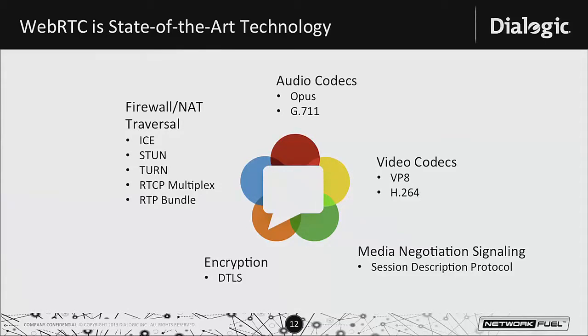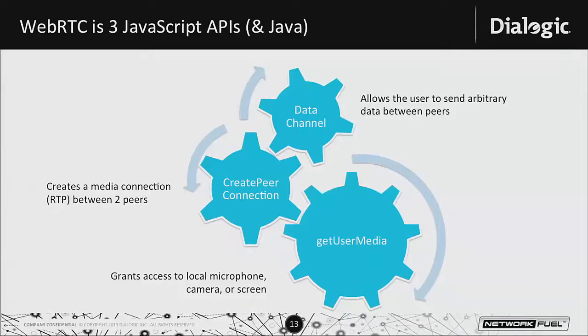There's a lot of details here, and some of these points we'll go into a lot more; the other presenters will discuss them throughout the presentations. WebRTC is also 3 different JavaScript APIs. The first API is getUserMedia, and basically this allows you to grant access to the local microphone, to your video camera, or to a screen capture within the browser.